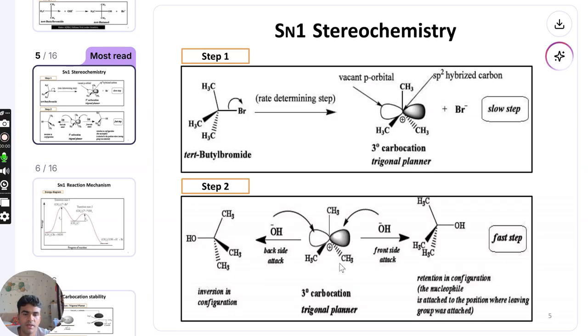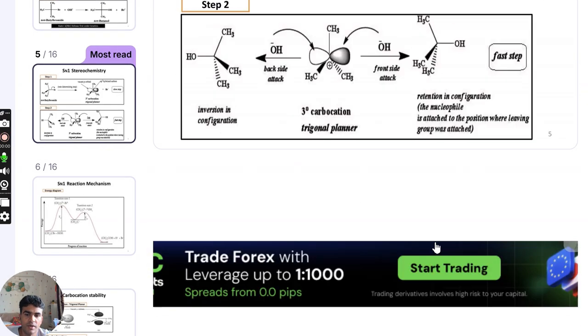So both products can be formed in a 50% ratio, so racemization will take place. And one thing I want to tell you is that the first step is the slow step. The activation energy requirement for that step is high, and the second step is the fast step. So for that, the activation energy requirement will be lower.